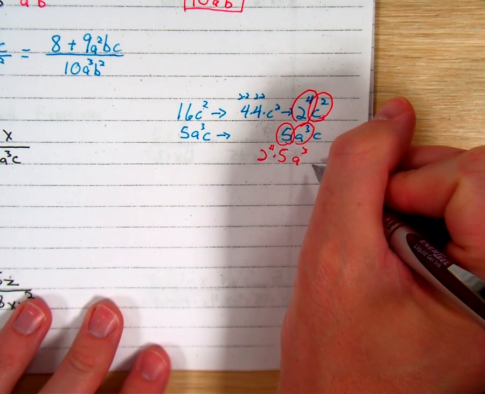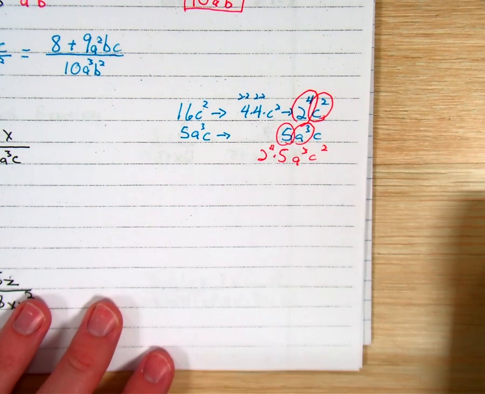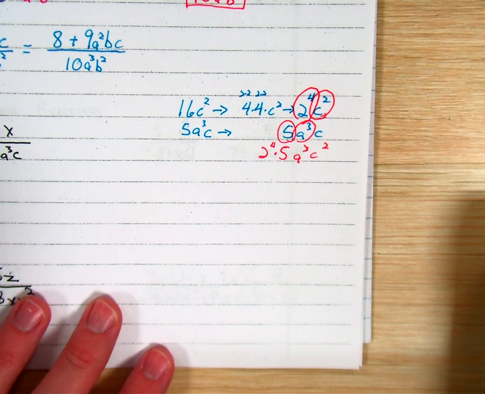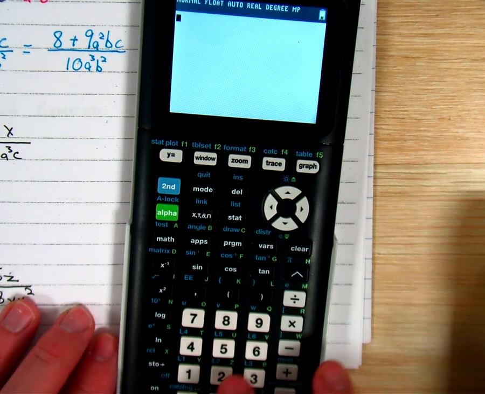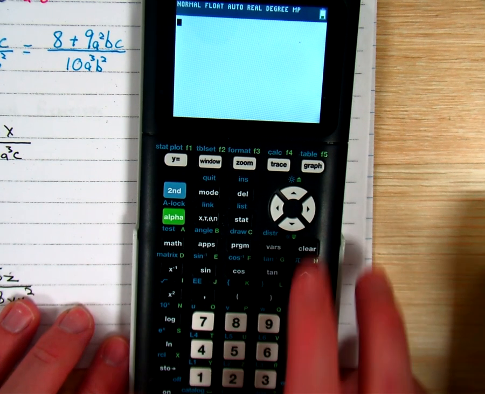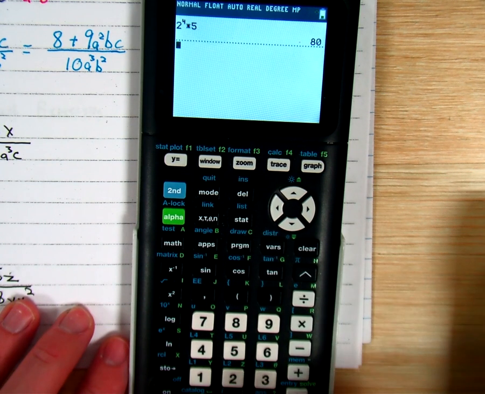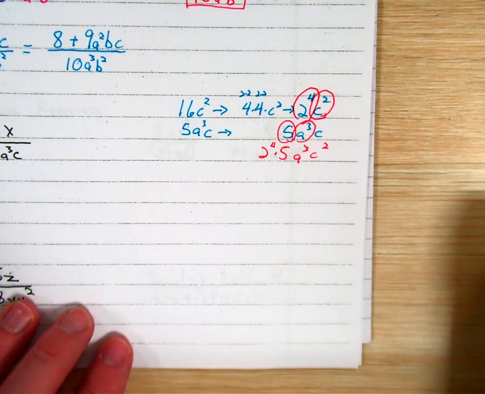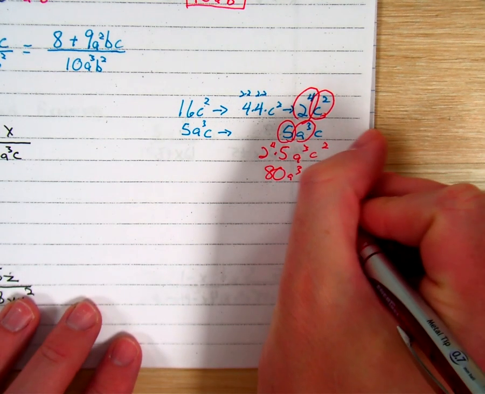We're going to use c squared. So that's 2 to the 4th times 5. What was 2 to the 4th? 16. Nope, didn't bump it down. 2 to the 4th, bump it down, times 5. 80. So we want our denominator to be 80, a to the third, c squared.